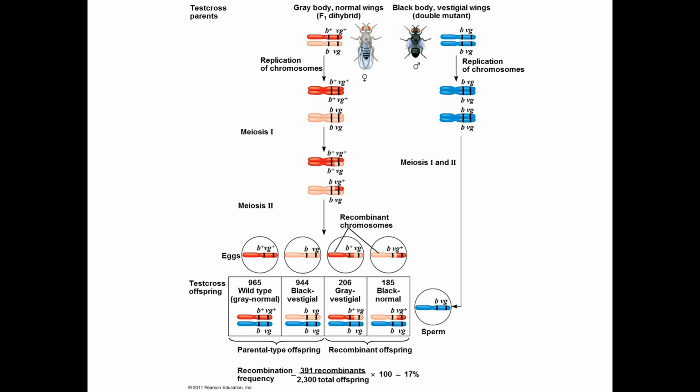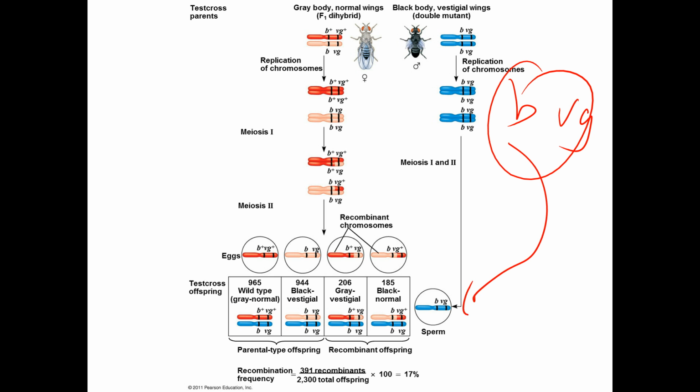To explain what you saw before, your black body vestigial winged fruit fly is homozygous recessive for both genes. So it's only going to contribute a black body allele and a vestigial wing allele. That's going to be the gametes at the end of meiosis.